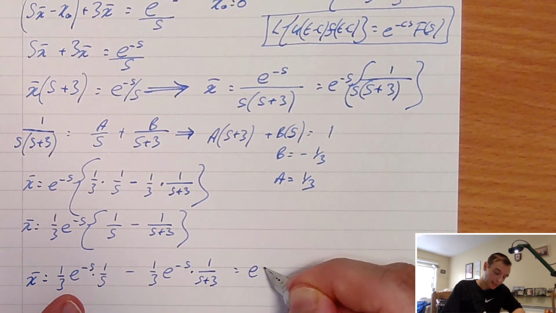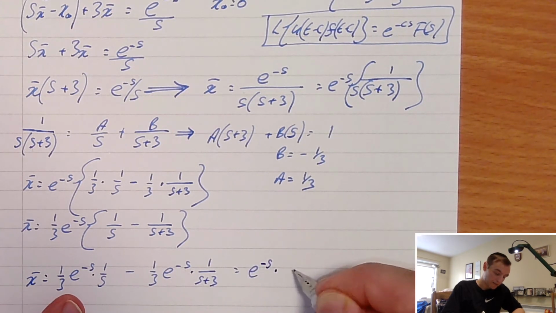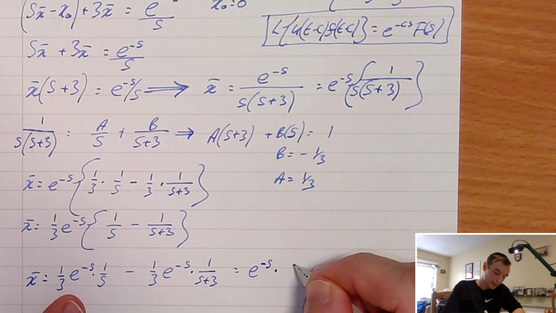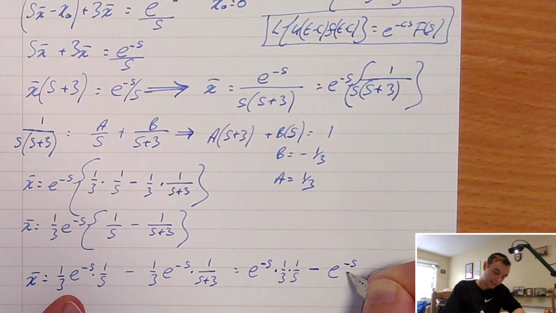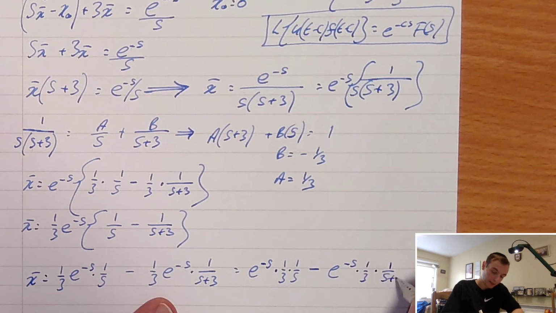So we've got e to the minus s, and f of s here is going to be 1/3 dot 1 on s, and then we're going to subtract e to the minus s dot 1/3 dot 1 on s plus 3.